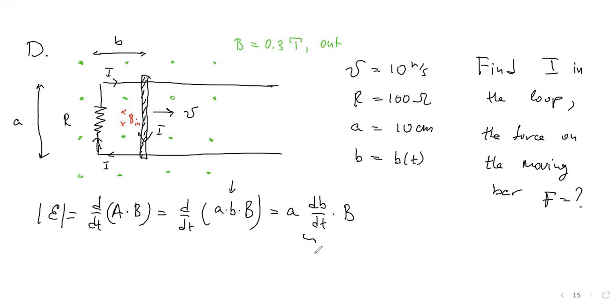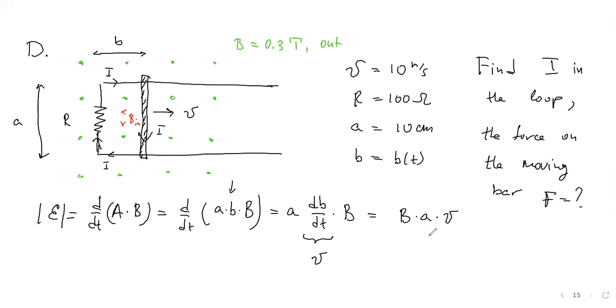But what is the meaning of this? It's the rate at which we change distance. What is this? Velocity. Yes, it's a velocity. Do I know velocity? Yes. So then we have the vertical magnetic field, vertical size, and the velocity.